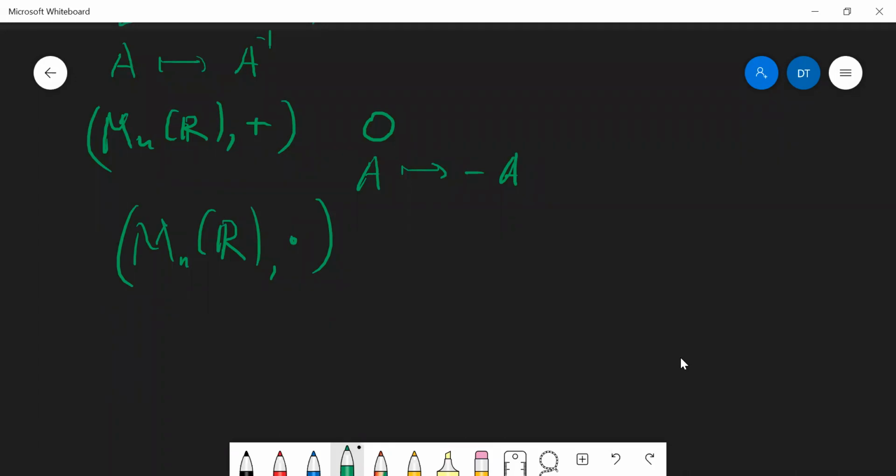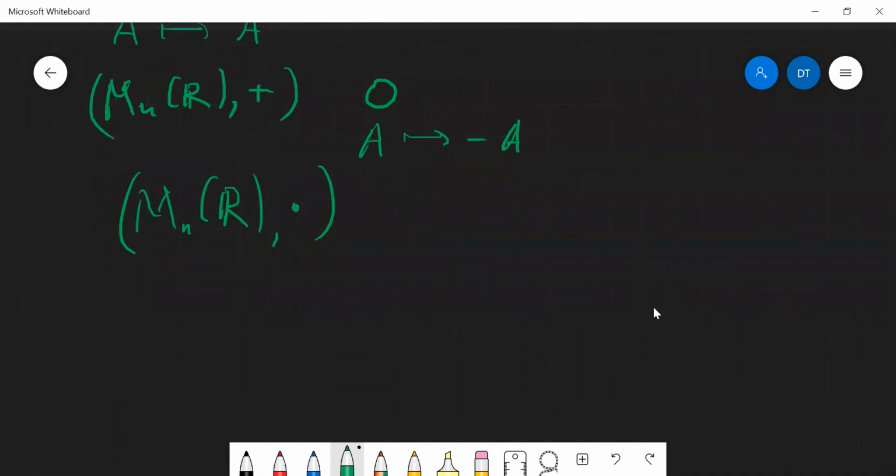The answer was no, but why? Yep, not all matrices are invertible. It's associative, but not all matrices are invertible. The zero matrix is not invertible. That's the right answer.